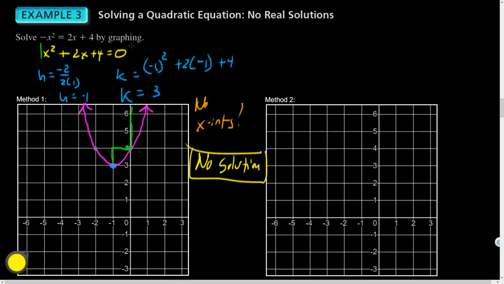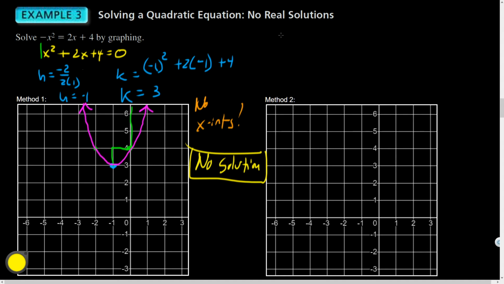Now, we will eventually figure out how to represent those as imaginary or complex solutions, which for my students, we've already done our complex unit, and I'll teach you how to find those later on in this chapter. But graphically, you can see it never crossed the x-axis, and so there were no x-intercepts, and therefore there was no real solution for the equation.